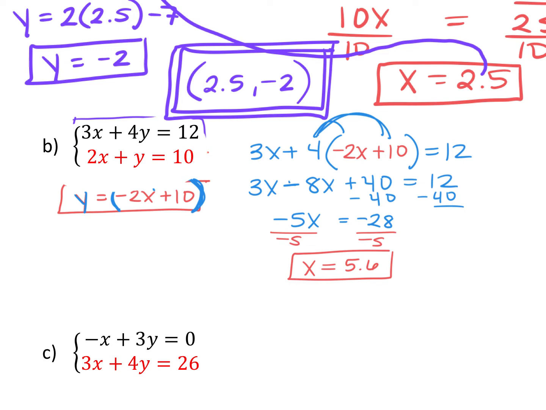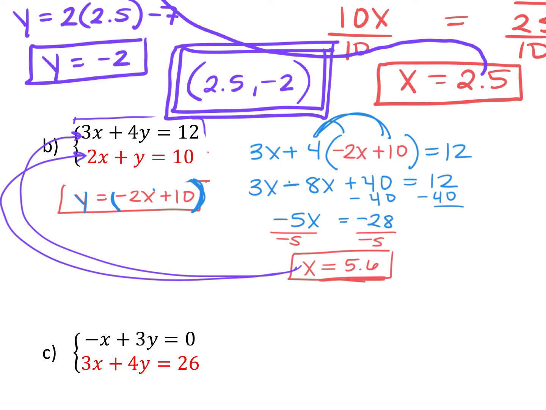I am able to plug my x value into whatever equation I want. So I could plug it in here, I could plug it in here, or I could plug it in here. Which equation makes the most sense to plug an x value into? The third one, right? You have the y isolated, so we just have to plug 5.6 in right here.